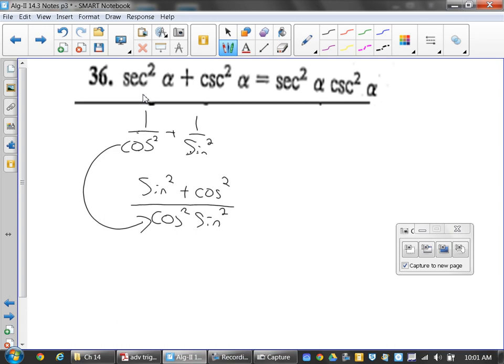So now what's sine squared plus cosine squared? 1. And aren't we done then? And that equals our secant squared, cosecant squared. The trick here is when you see going from addition to multiplication, you probably had to use common denominators.